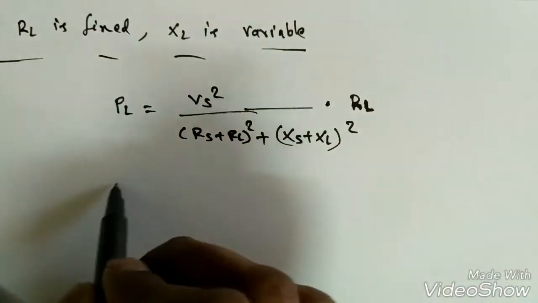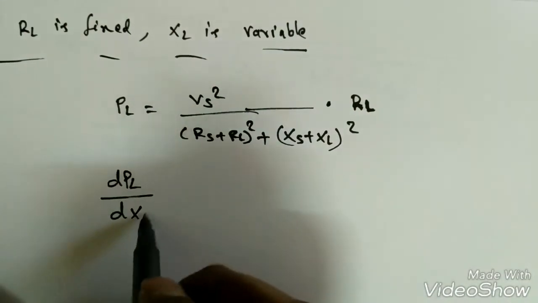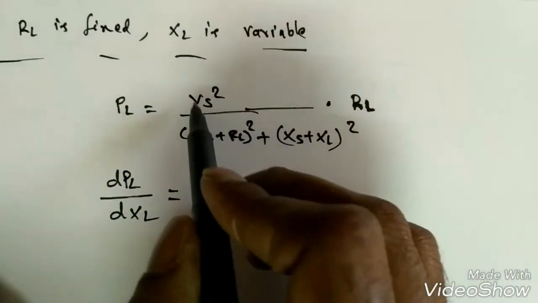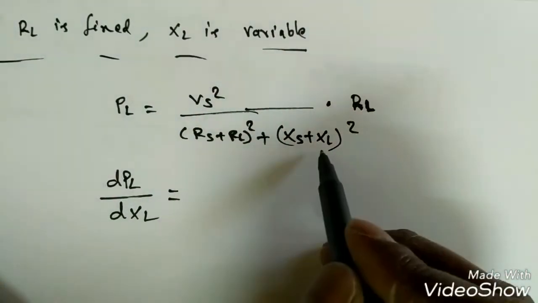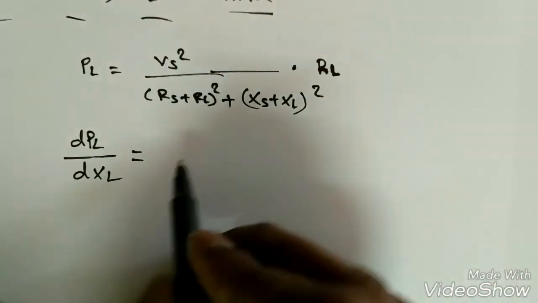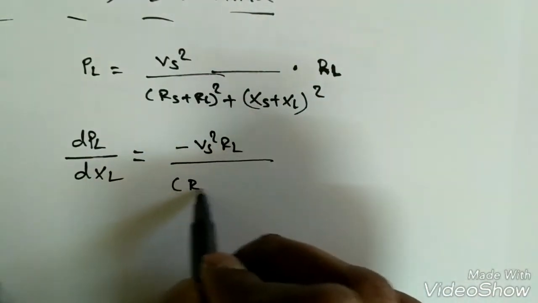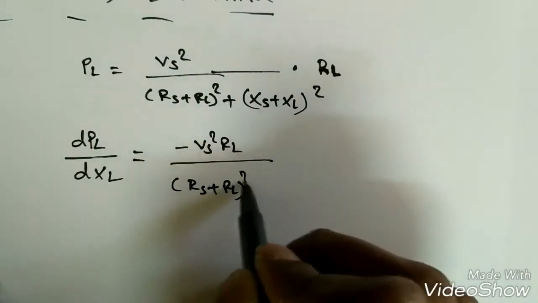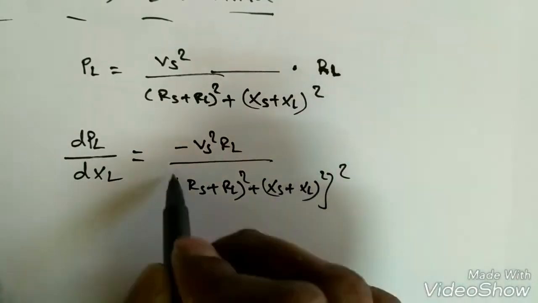But if XL is variable, we have to differentiate this expression with respect to XL. Now if you see, the numerator is constant and only the denominator has XL, right? It is the 1 by X formula, so minus 1 by X square, that is minus Vs square into RL by Rs plus RL whole square plus Xs plus XL whole square.